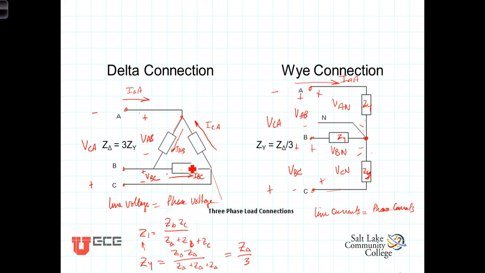We're going to see, and we've got an example out there, that in analyzing circuits with delta-connected loads, one way we're going to do it is to convert the delta-connected load to the Y-connected load, which then introduces a neutral. It's an equivalent circuit. It introduces a neutral, which then allows us to evaluate the three-phase circuit by looking at just a single phase. And once we know the quantities in the single phase, we can then infer the quantities in the other two phases by simply adding or subtracting a 120-degree phase shift.